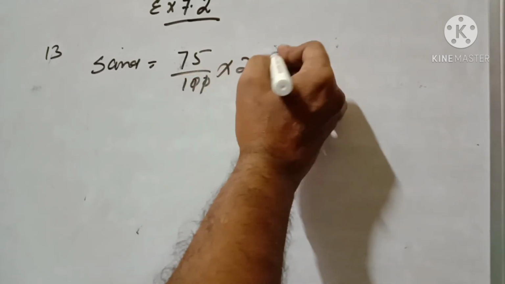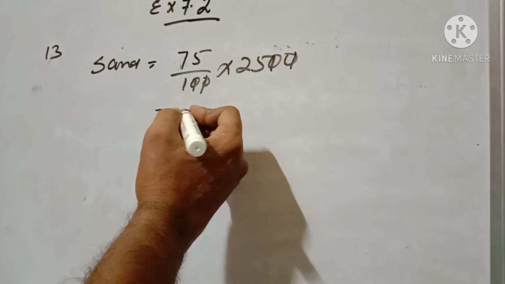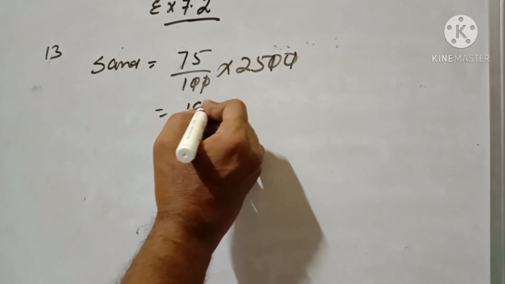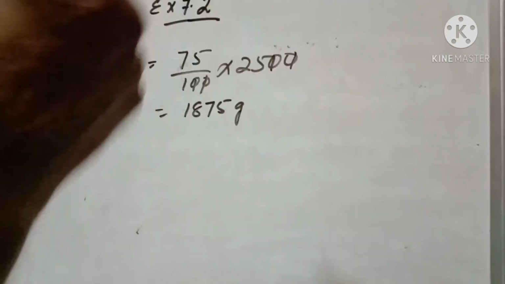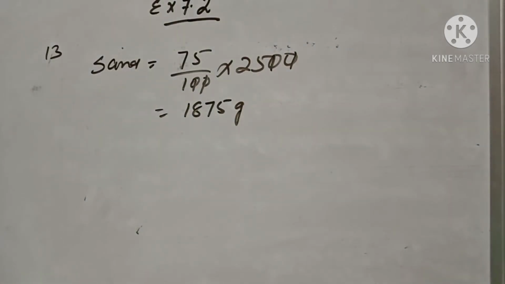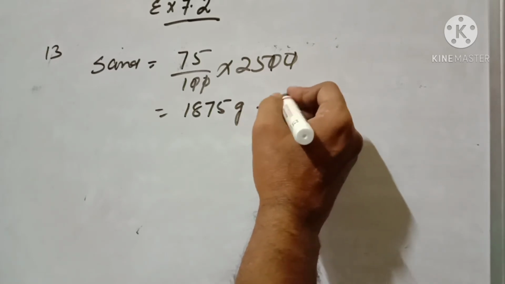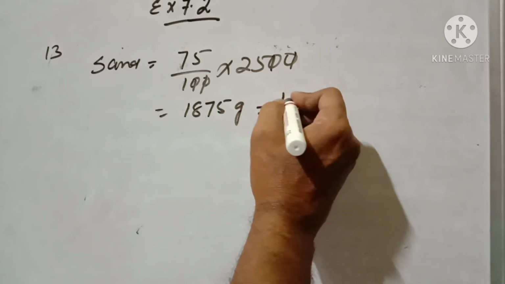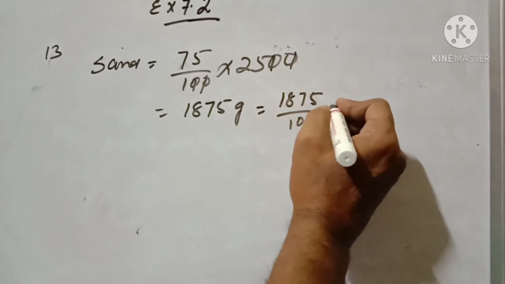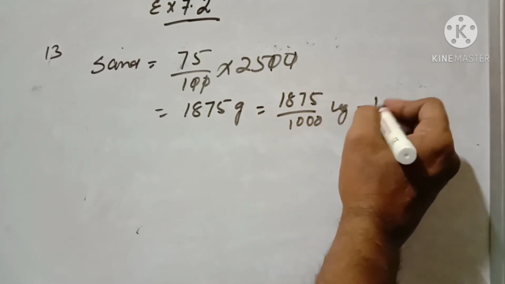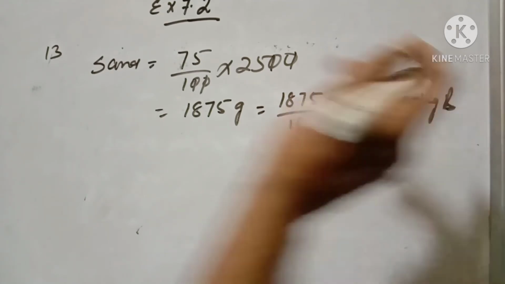So this one gone. 75 into 25, it will come 1875. This is gram. We have to convert it, according to the question, into kg. So for kg, remove the gram, divide by 1000. 1875 by 1000 kg means 1.875 kg. This is our required answer. Write down.